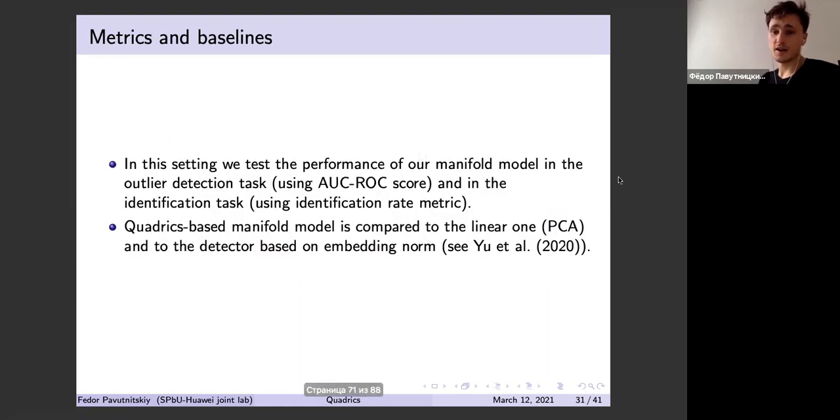And for some mysterious reason, I don't know if anybody knows why exactly, this norm of the embedding encodes some information about the outlierness of the photos. So in this area of face recognition, there is a very strong baseline that we are comparing with.